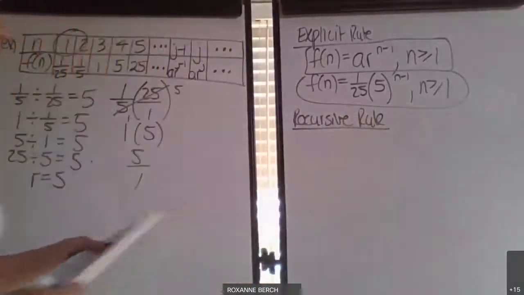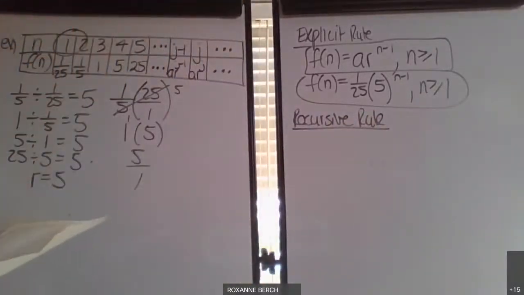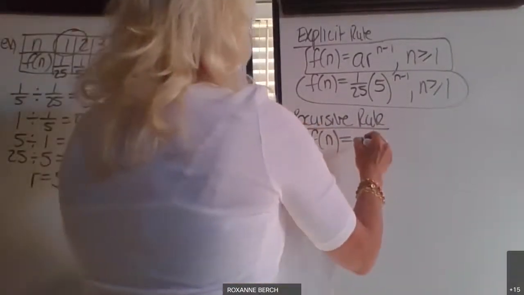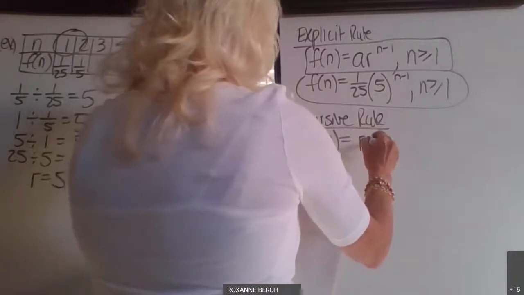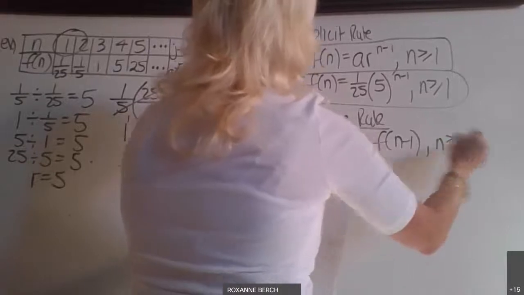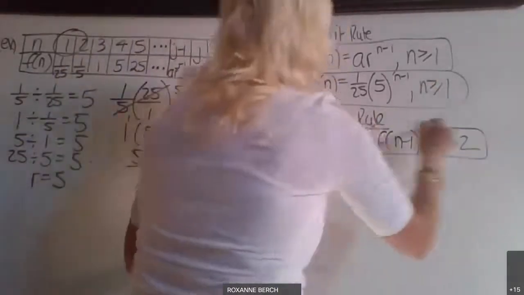Okay, so the recursive rule for a starting position of 1 is going to be the same as the other one, but the domain is going to be different. This is going to be r times f of n minus 1, where n is greater than or equal to 2, one more than the explicit.